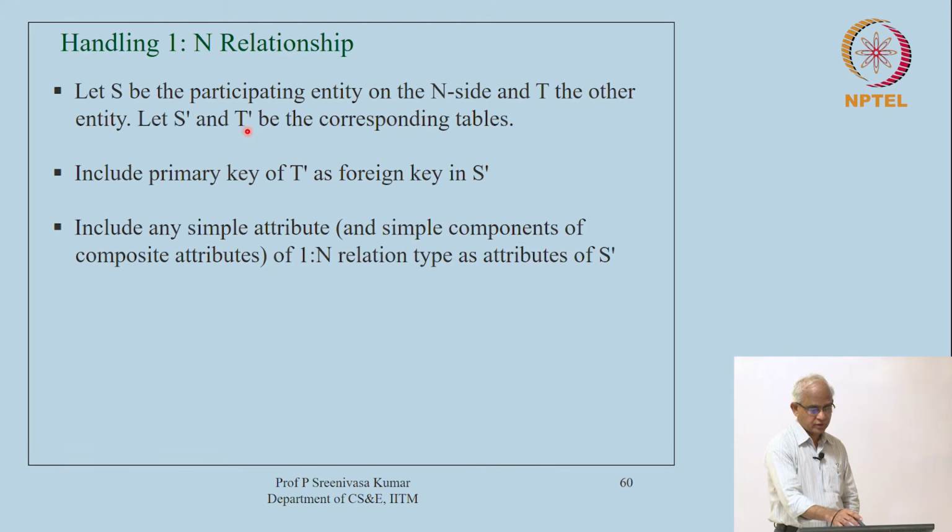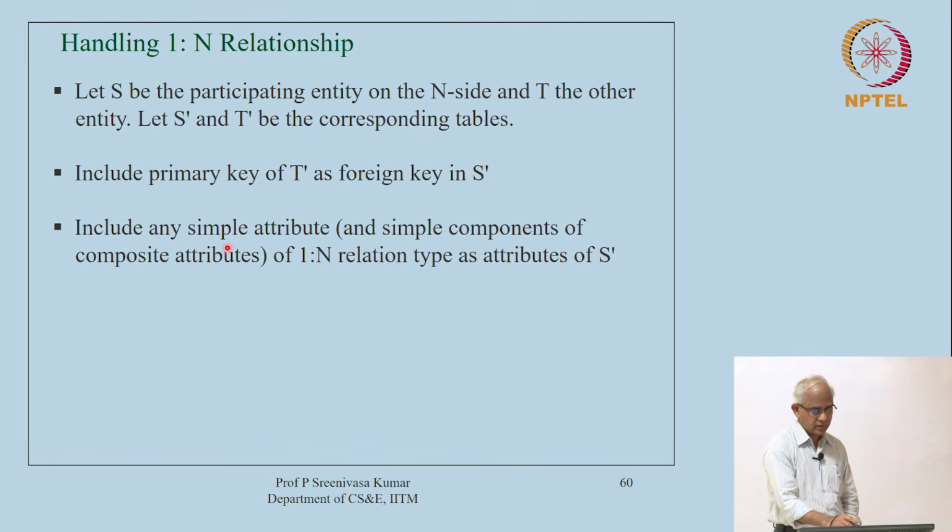Now the approach here, to handle this one-to-many relationship, is to modify the N side table, the table corresponding to the N side entity, and include the primary key of the other table as a foreign key here.